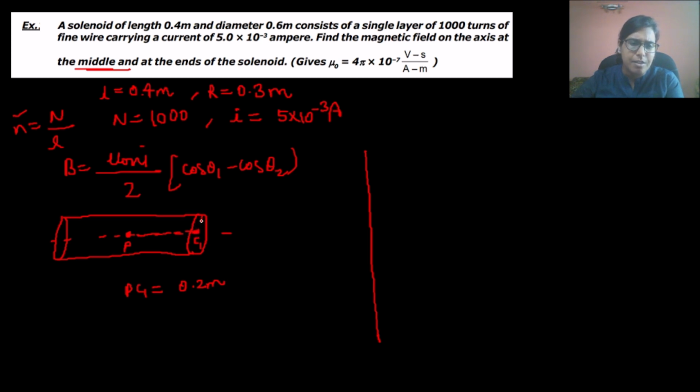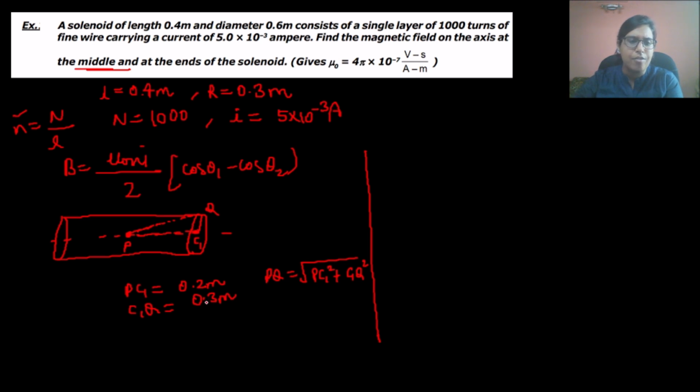This is C1 and suppose this is a point Q. So C1Q will be the radius, that is 0.3 meter, and this will be PQ. You can calculate it from Pythagoras theorem. It will be the square root of PC1 square plus C1Q square, right?